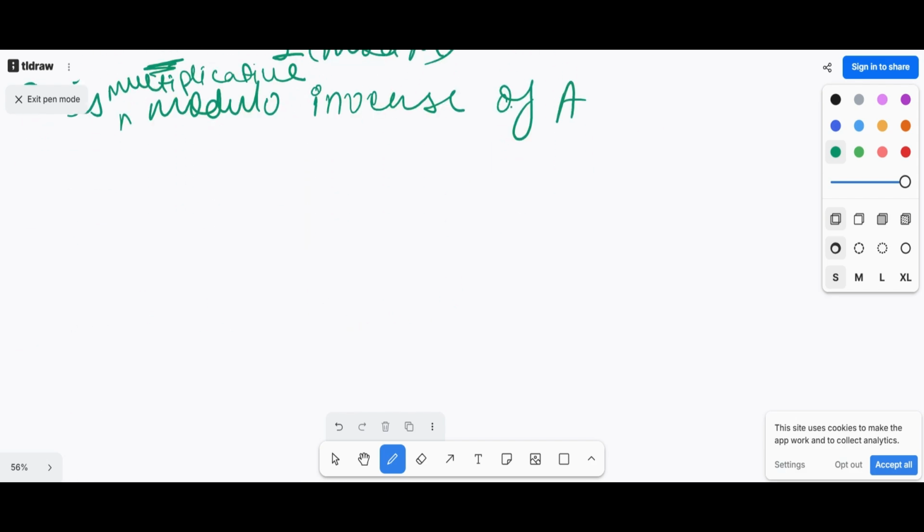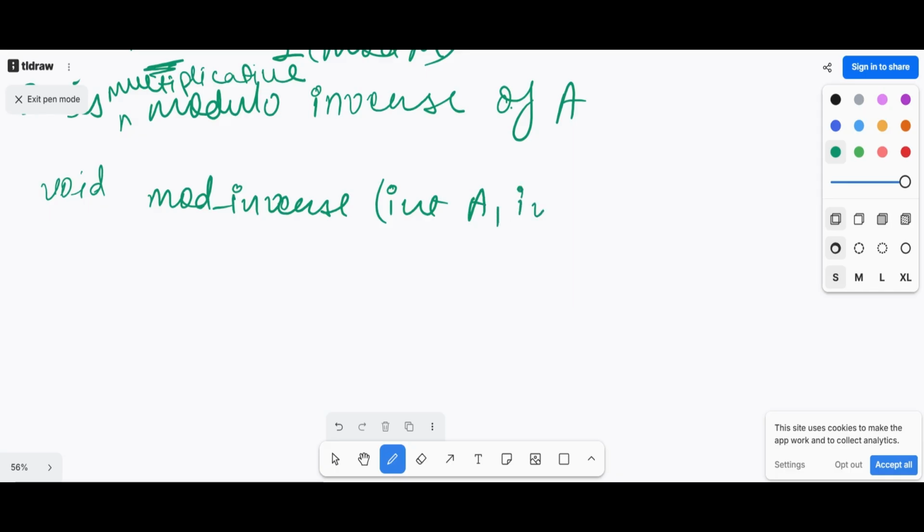Now we have the code for this also. What does this code say? Let's say you have to find the modulo inverse. So we'll have one function called mod inverse, and you have to find the modulo inverse of a under m. So we have these two variables.